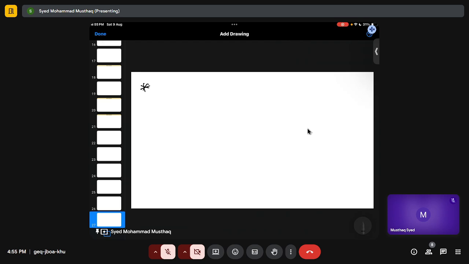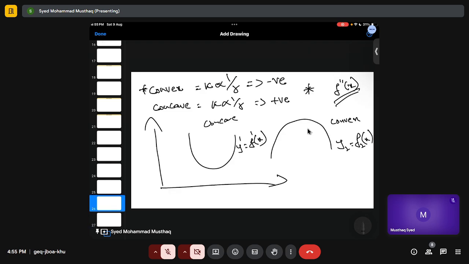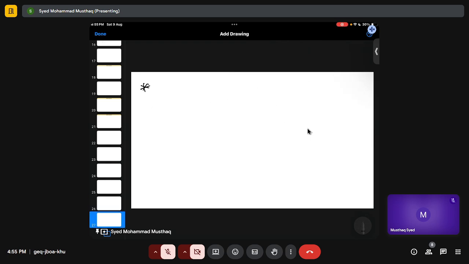Now there is this function called the average function. What do you mean by average? Let's take concave for now. Let's take three points here, here, and here. Average is nothing but the sum of all the observations divided by the total number of observations. You just sum all the numbers and divide by how many you summed.